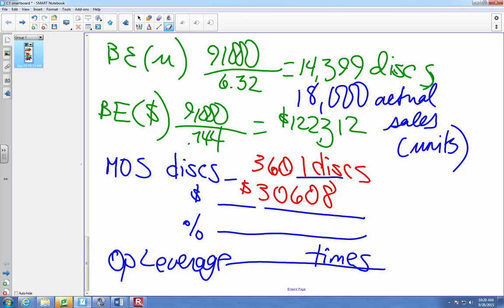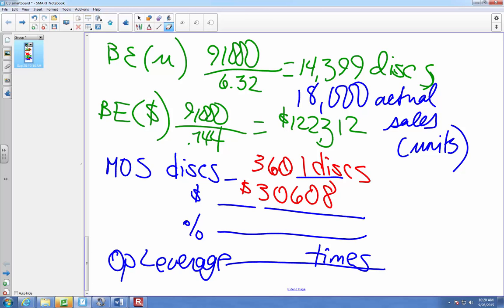You should be able to do a really quick calculation based on this that tells me how much profit I have at my margin of safety. How would you figure that out? So I've already covered fixed costs. Not variable costs.